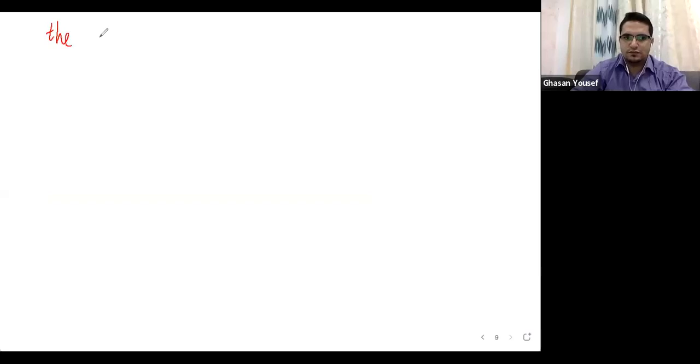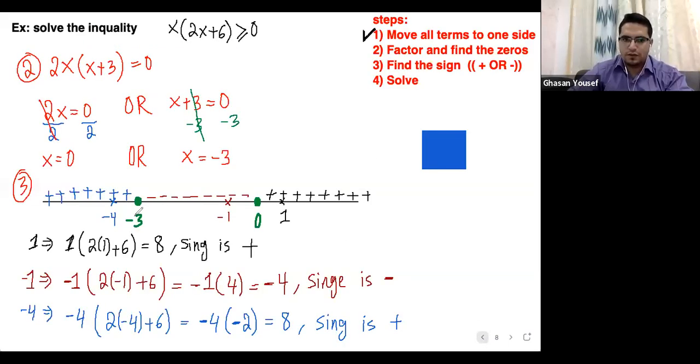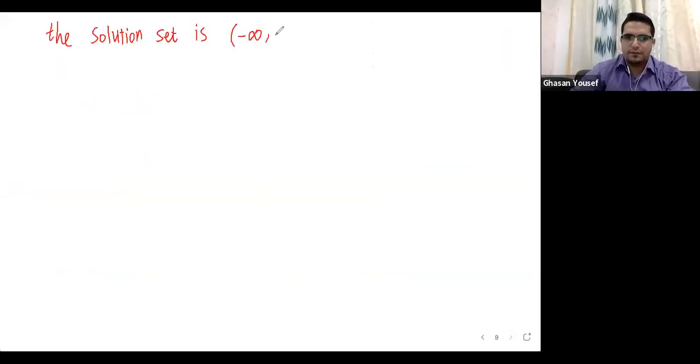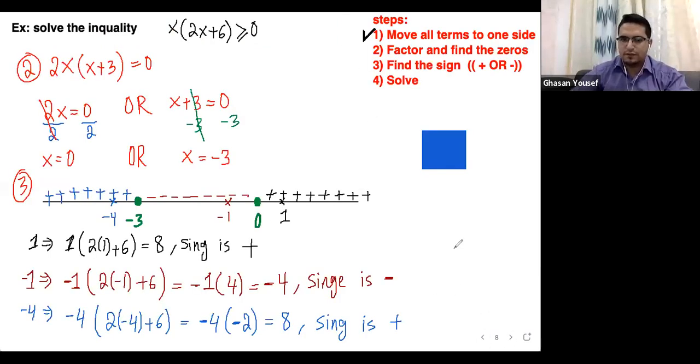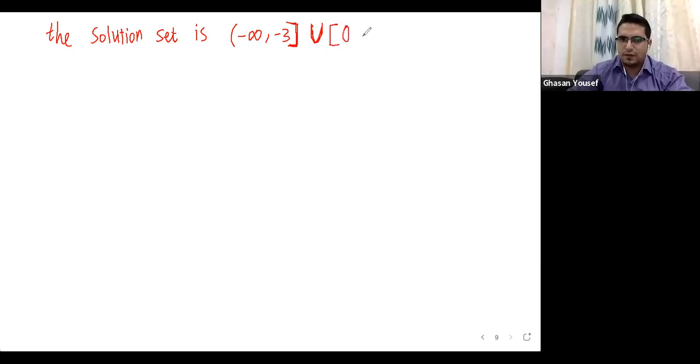The solution set or interval is from minus infinity to the number minus 3, and here it is closed because it is included. Union, this means and, from 0 to infinity, from 0 comma infinity, with an open parenthesis.